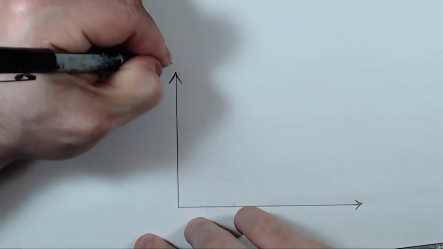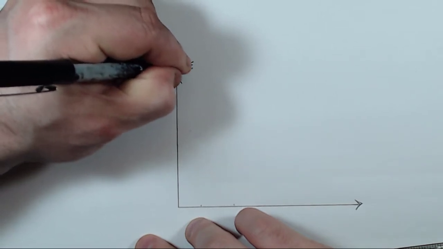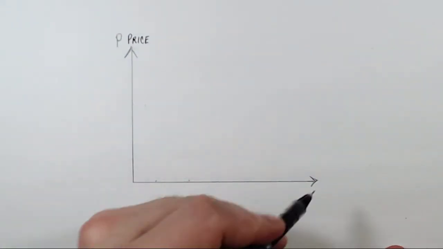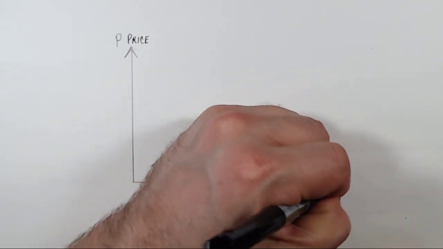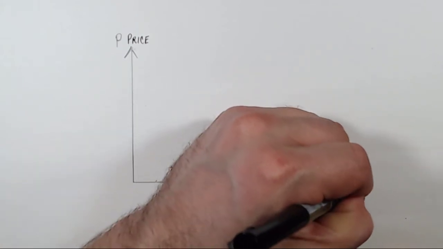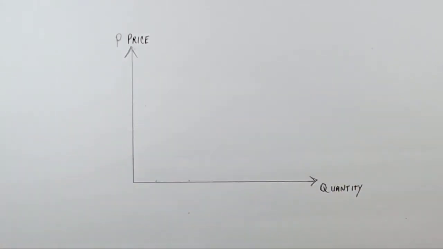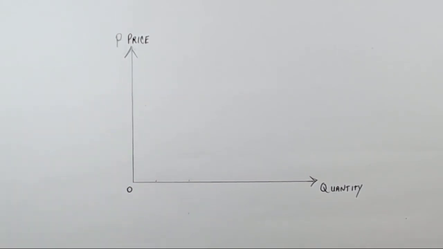So P is for price. And then on the x-axis, we want to put quantity, or Q for quantity. Price and quantity, always remember to label the origin point.